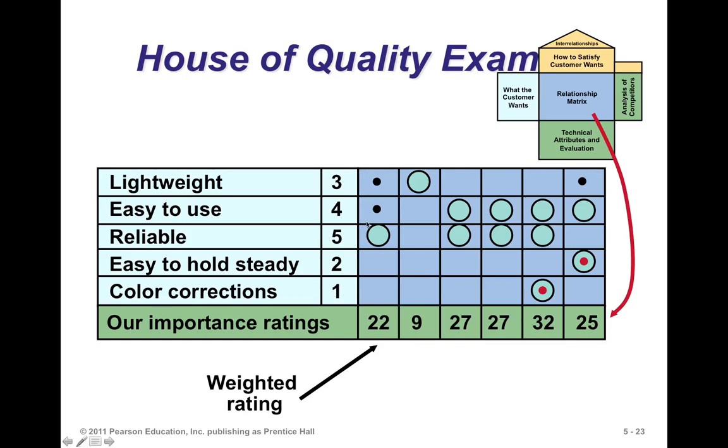So if you rate them 1, 3, 5, you can see that this would be a 3. 3 5s are 15, and those two would be 1s. So 15 and 7 gives us a weighting of 22. So it would appear that this is 32, this is 25, 27.